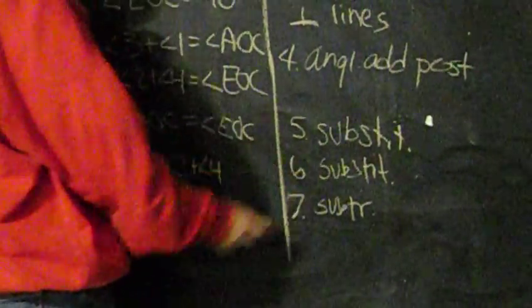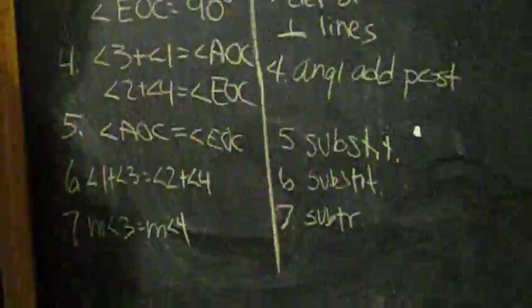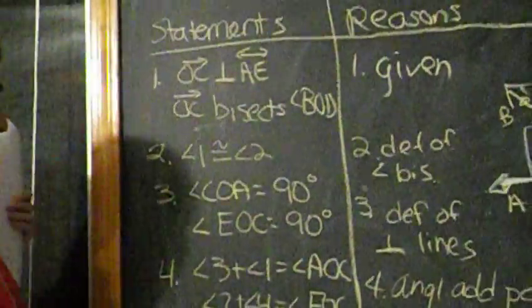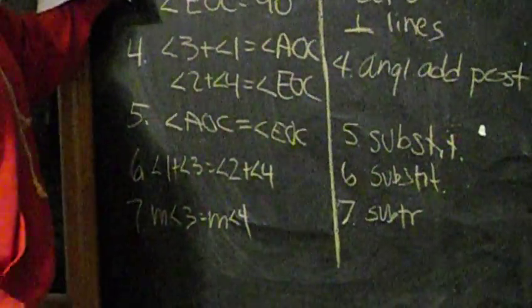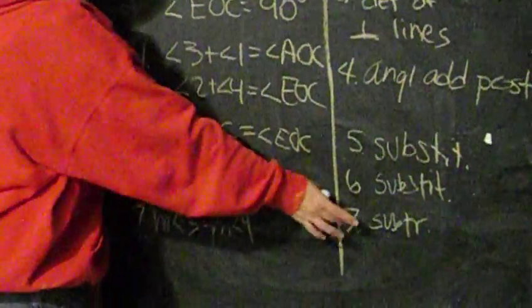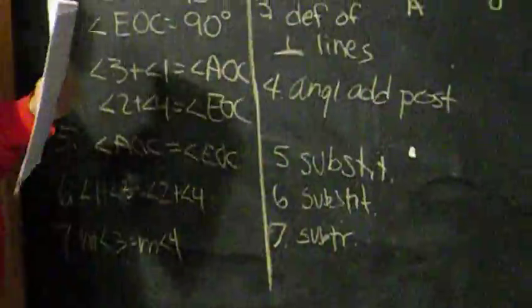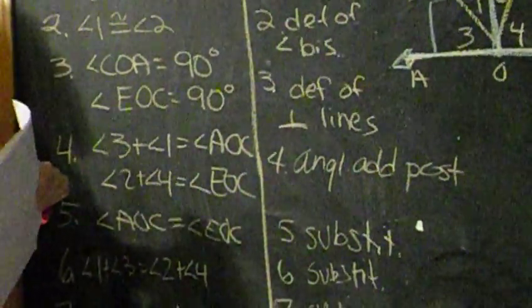So again, substitution. And finally, I'm trying to prove 3 equals 4. So if I subtract off 1 and 2, because they're congruent, I get 3 and 4. Subtraction.